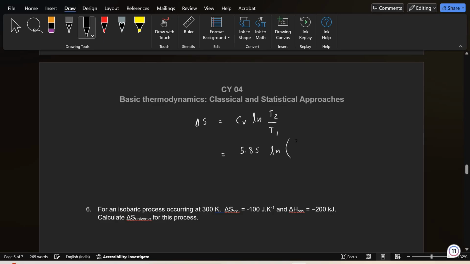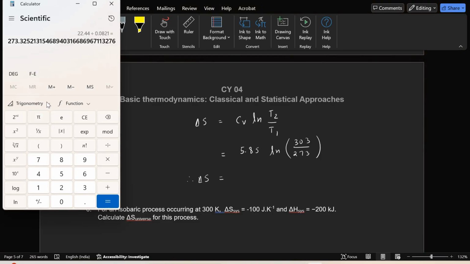It is T2, 303 by 273. So therefore, delta S is equal to, just do the calculation. Ln is 0.609.